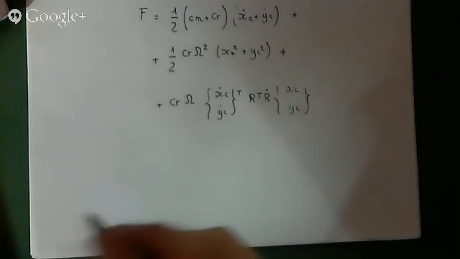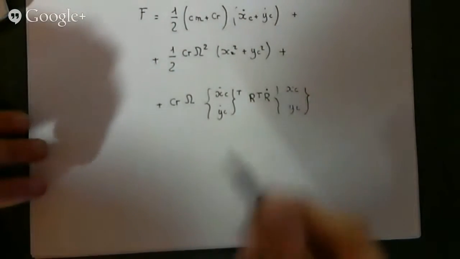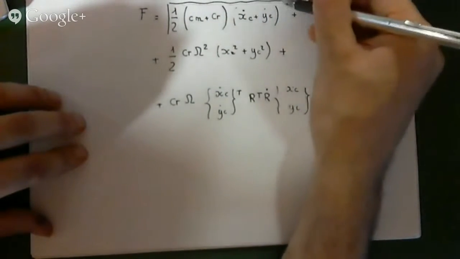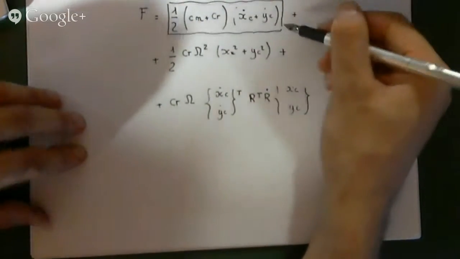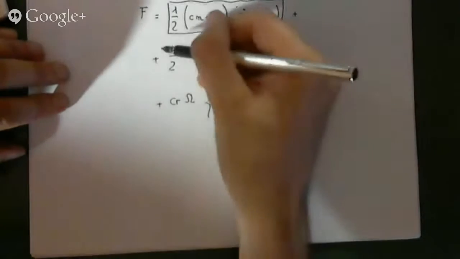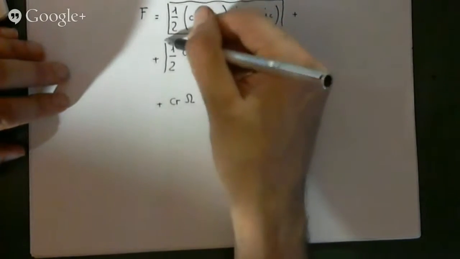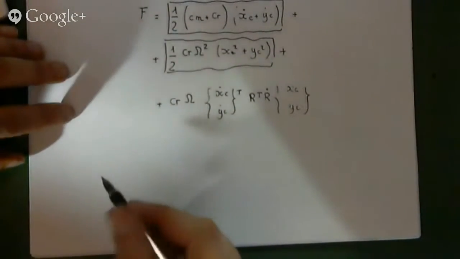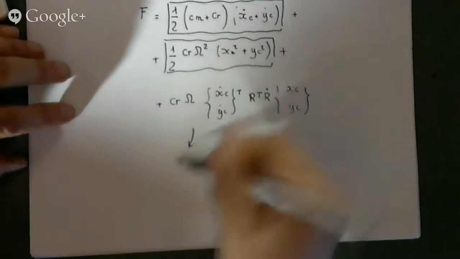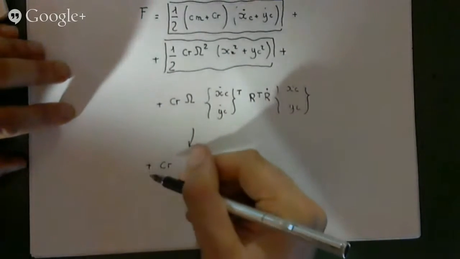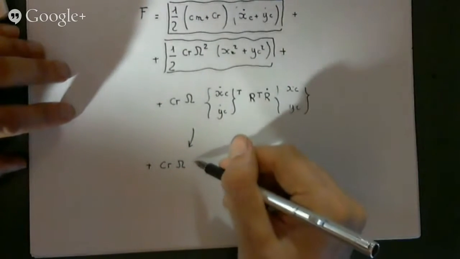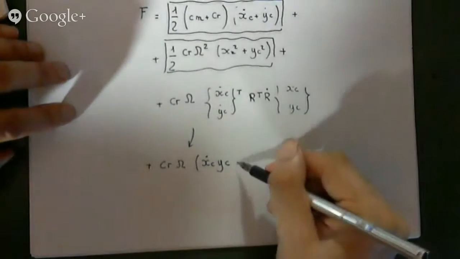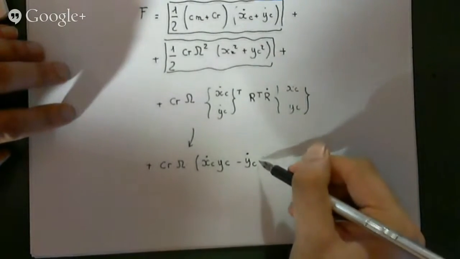That is, the first part remains the same, also the second, but simplifying the third term, we have plus Cr omega times x point C yC minus y point C xC.